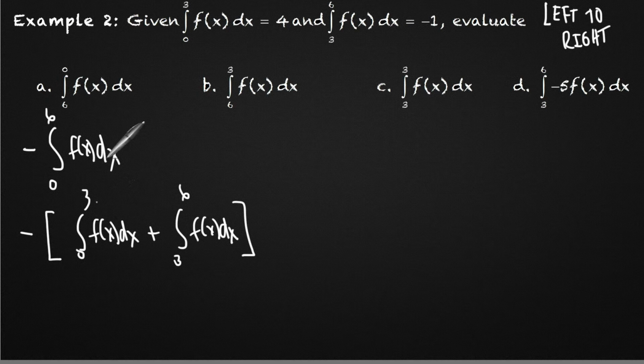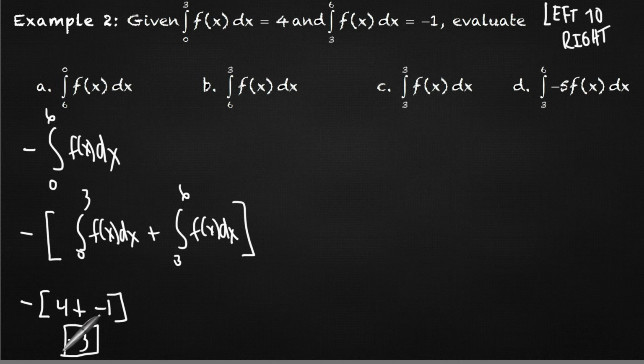And then we're going to look at, the integral from 0 to 3 of f of x dx is 4, so we're going to put a negative, and we're going to put a 4 right there. And then from 3 to 6 is going to be -1. So 4 minus 1 is 3, and then times a negative makes it a -3.